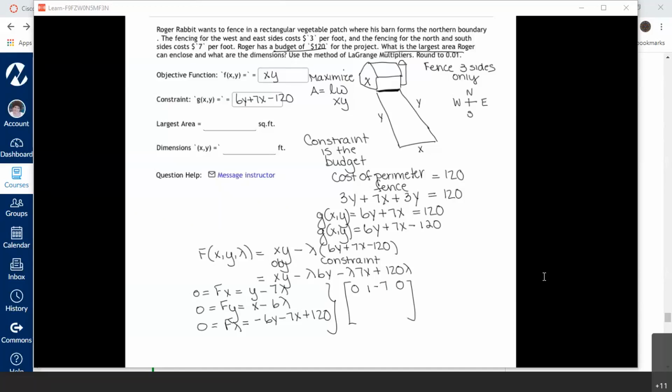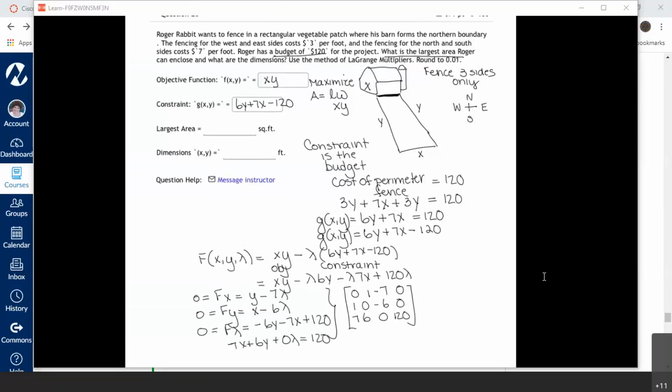This one has an x, -6 y's, no lambdas. So this is 0, 1, 0. This one's got a 0 for y, -6 for lambda, and a 0 here. And this one has, if I get everything on the other side, +7x plus 6y plus 0 lambda equals 120. So this will be 7, 6, 0, 120.